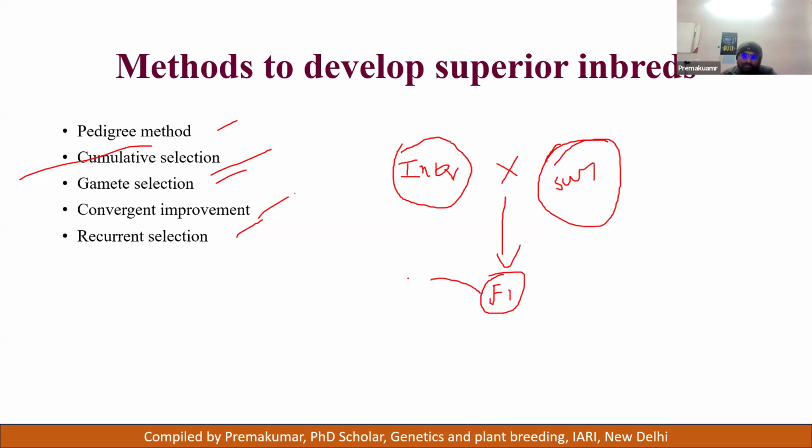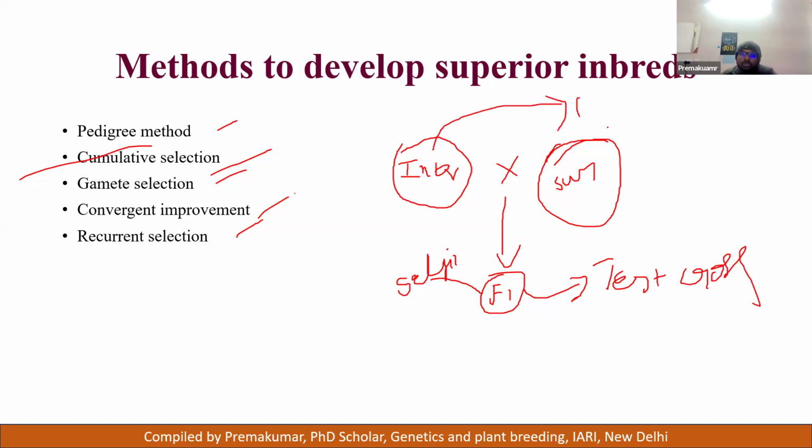You self it, then test cross with some broad-based testers. Then again you cross with the original inbreds, using the same testers which are used here also.